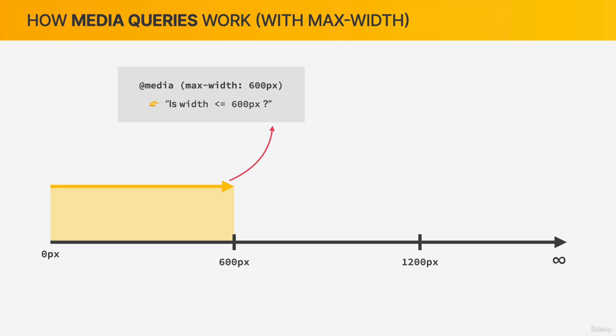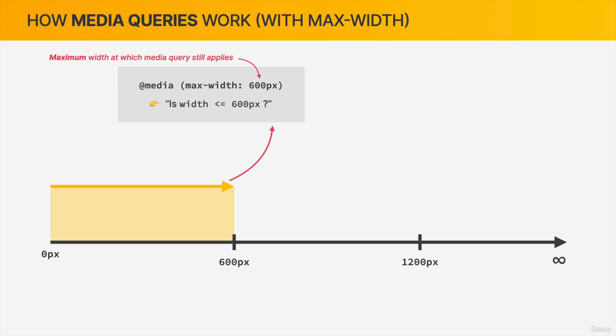And if not, then that code will not apply. So the max-width is 600 because 600 is the maximum width at which the media query still works, so where it still applies. Now after 600 pixels, for example at 700 pixels, it stops working. So the code is no longer going to be applied then.